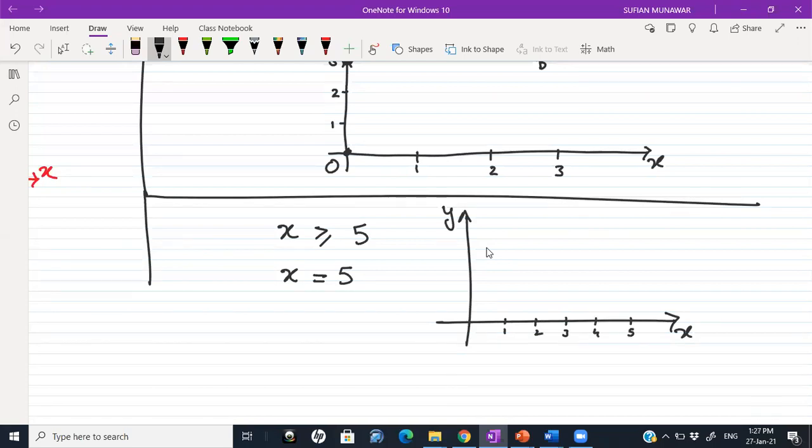Your line will be a vertical line at x equal to 5. So this is your sketch. But for the true area, because it is greater than, if you put 0 0 as the test point, 0 will not satisfy the inequality. So this indicates that the true area will be on the right side here.